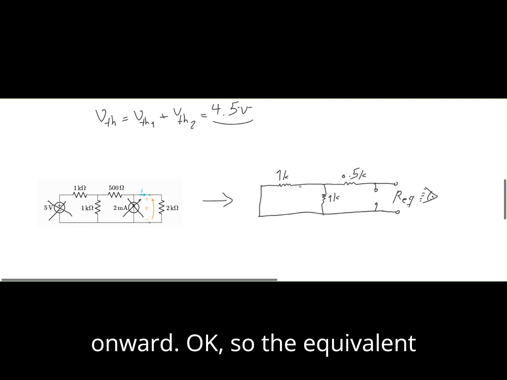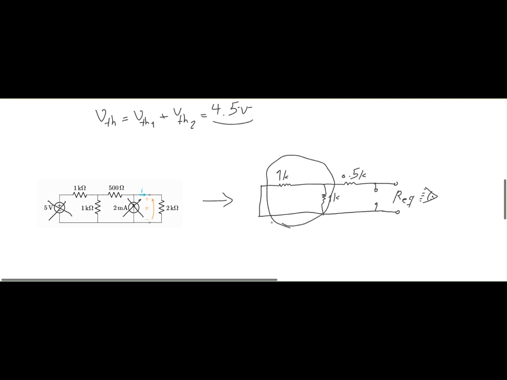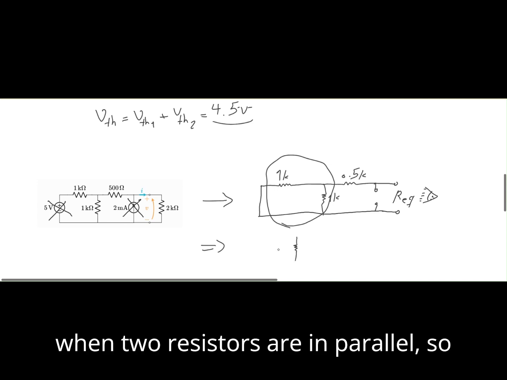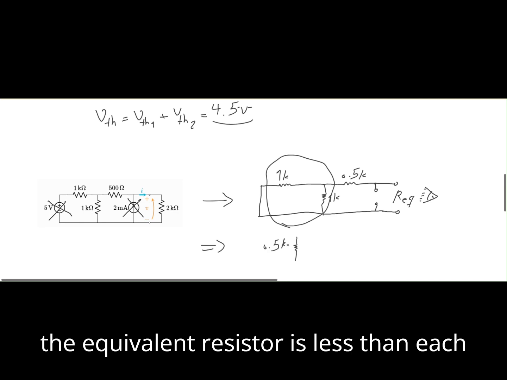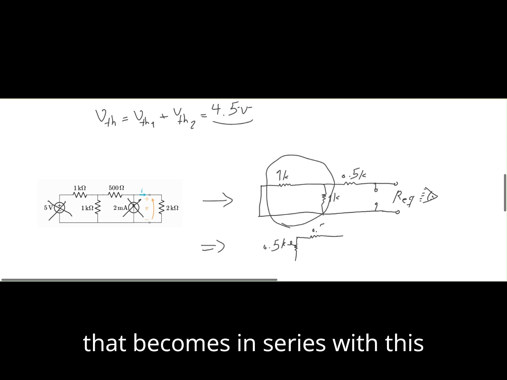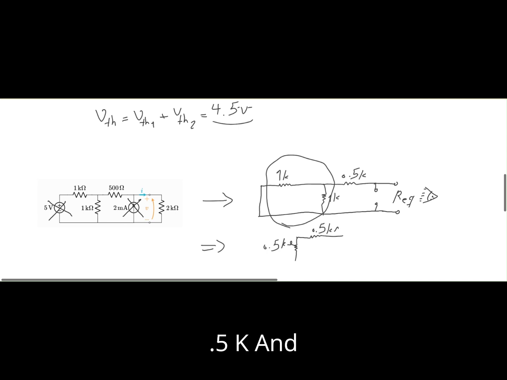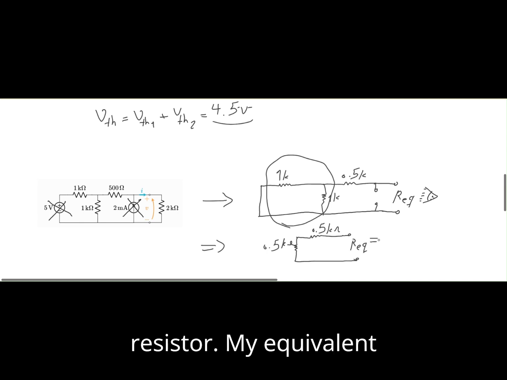Okay, so for the equivalent resistor, 1K and 1K are in parallel. When two resistors are in parallel, the equivalent resistor is less than each one of them, 0.5K, and that becomes in series with this 0.5K, and there you go. Here is the equivalent resistor.